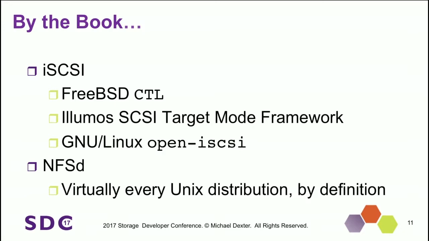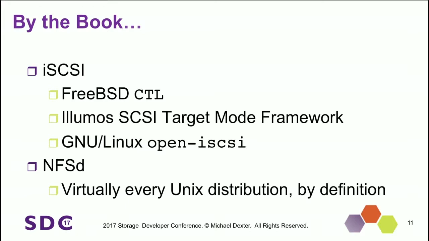Continuing, iSCSI has been a very strong open protocol in the storage industry and SNIA, and of course there are open implementations in these leading open source operating systems, from FreeBSD CTL, the Illumos SCSI target mode framework, and GNU/Linux Open-iSCSI. And if they were to violate the standards, they would do a disservice to themselves as projects and to the users of them.